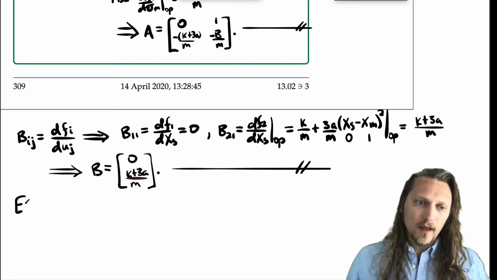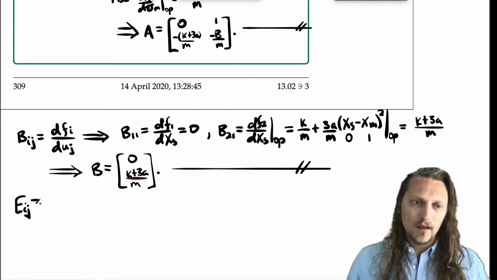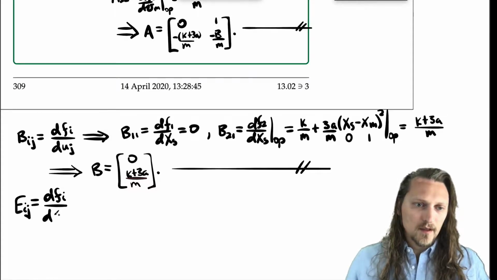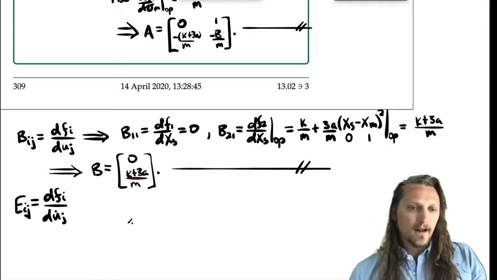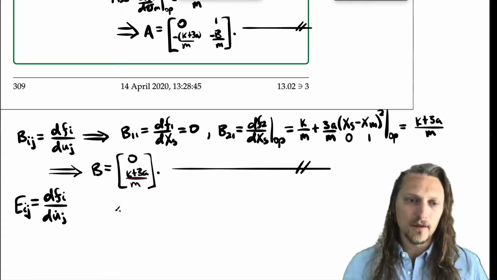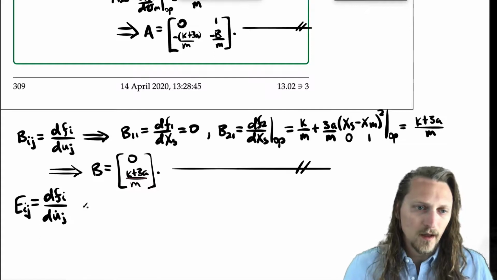Finally, we have the E matrix, Eij equals dfi over d u dot j. So we have only a single input, so we're only going to have a single time derivative of our input.